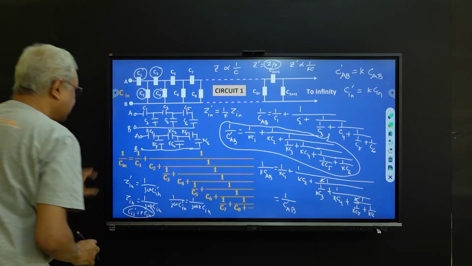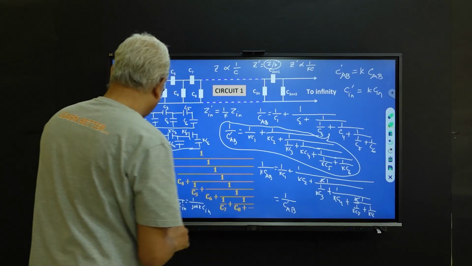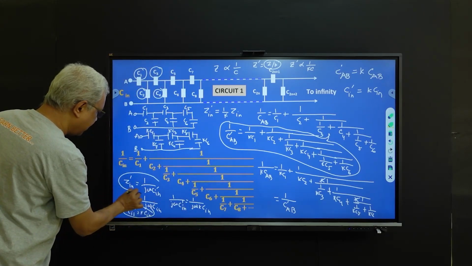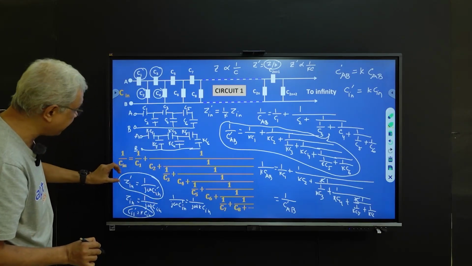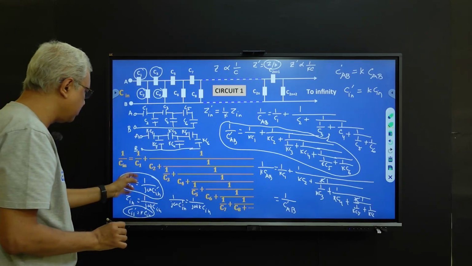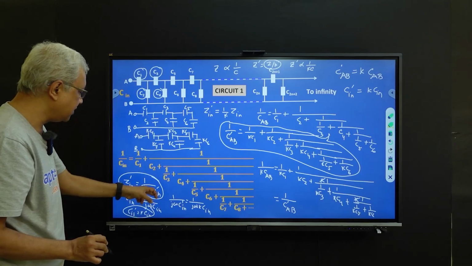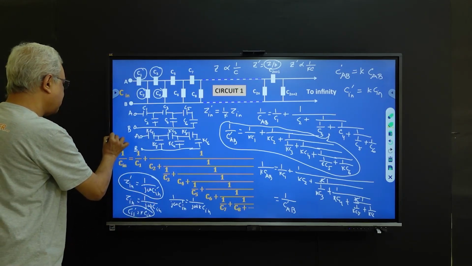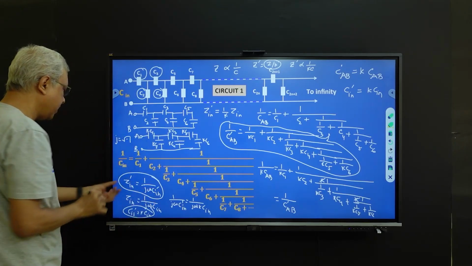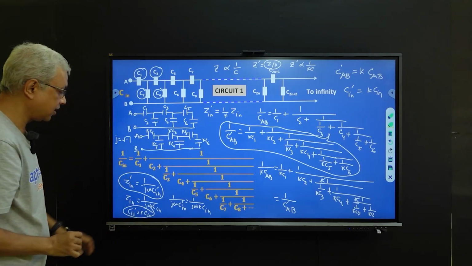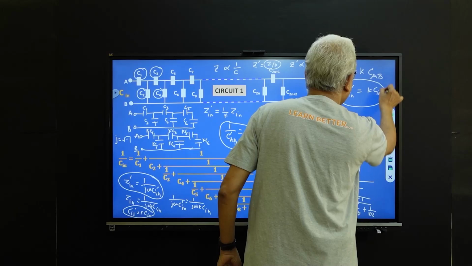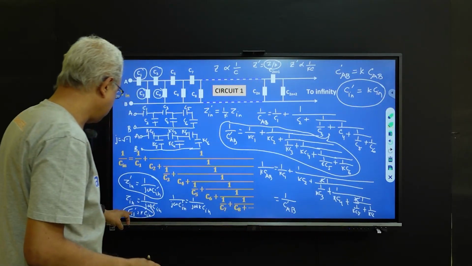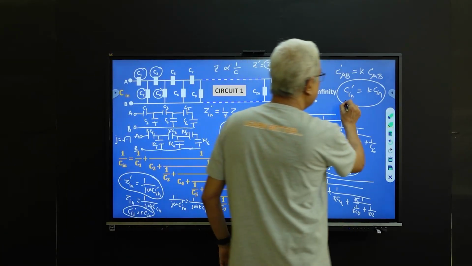So if the equivalent capacitance is C in dash, then the input impedance of the circuit will be 1 by j omega C in dash. j is the square root of minus 1, omega is the angular frequency of the circuit. So we have seen that C dash in is actually K times C.